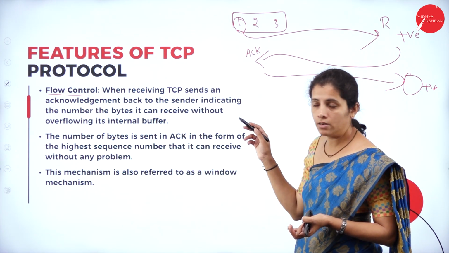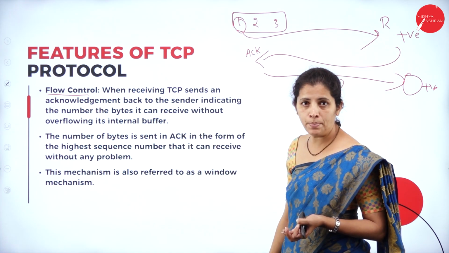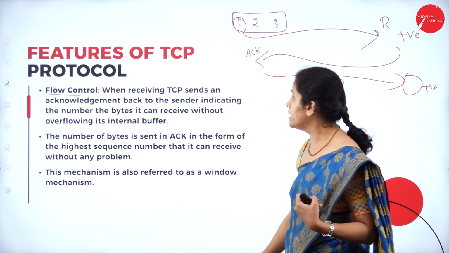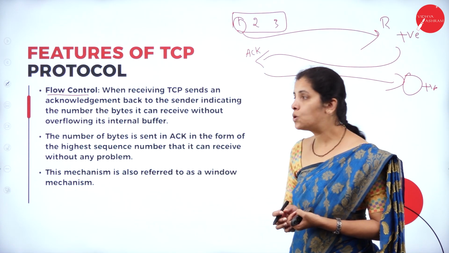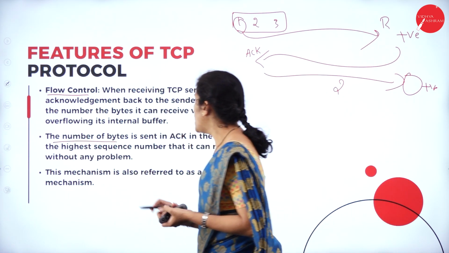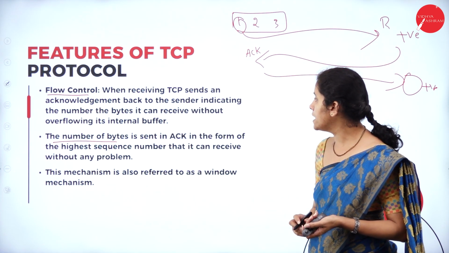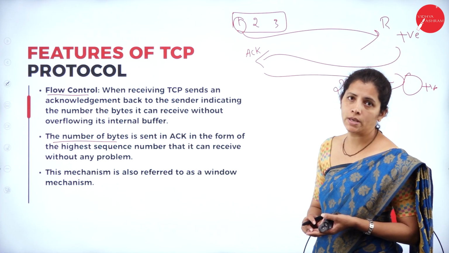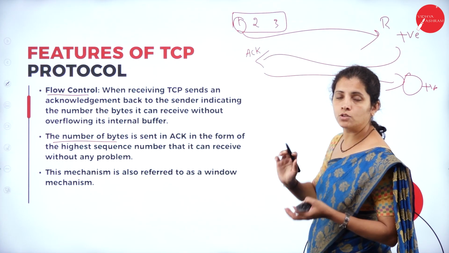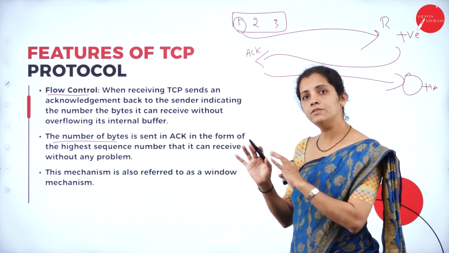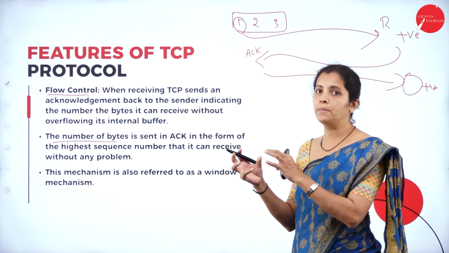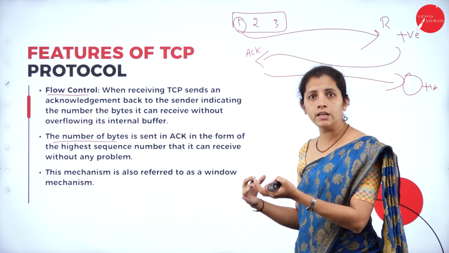When the receiver receives the TCP segment which is sent by the sender, all the data is stored in its internal buffer. The number of bytes is sent in the ACK in the form of the highest sequence number. So, for example, first the sender is going to send the first segment and the receiver is going to receive the first segment, and store it in its internal buffer.